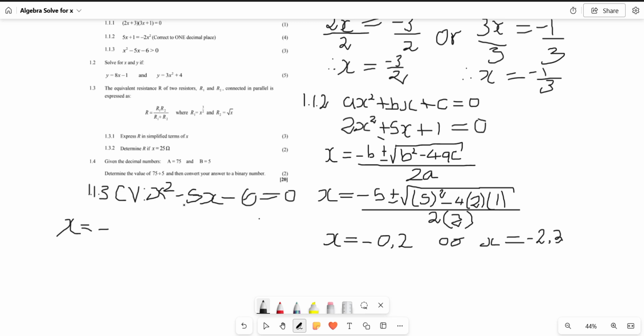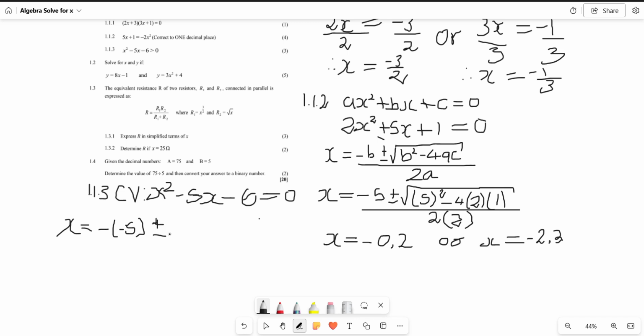In this case, the coefficient of x is -5. Because it has a negative sign, when we substitute we introduce a bracket: negative, open bracket, -5, close bracket.